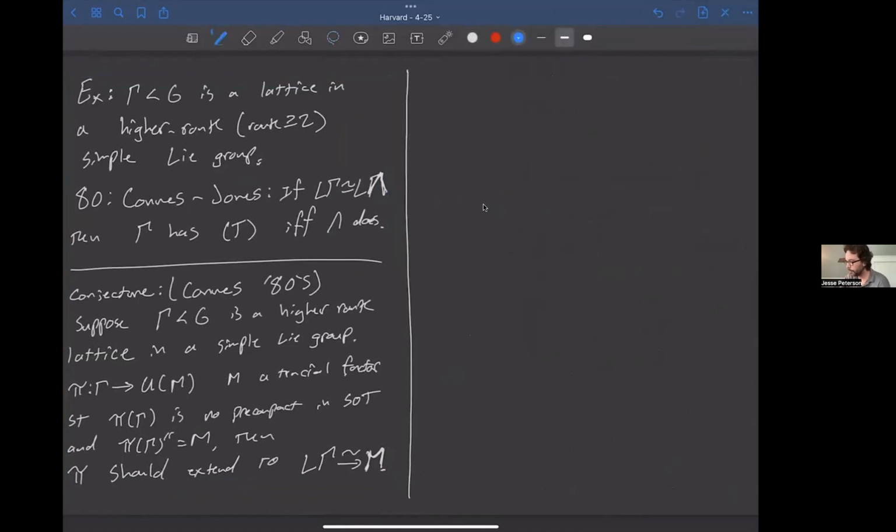Well, if you replace a few things here, so specifically if instead of the unitary group of the von Neumann algebra, you replace this with, say, H, a simple Lie group.